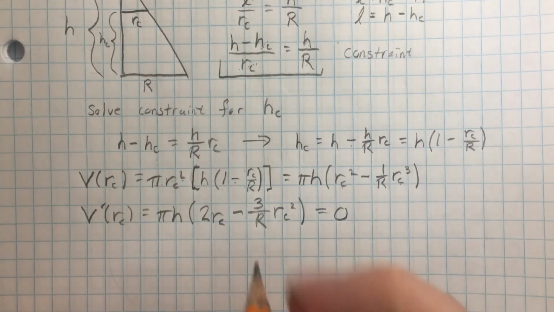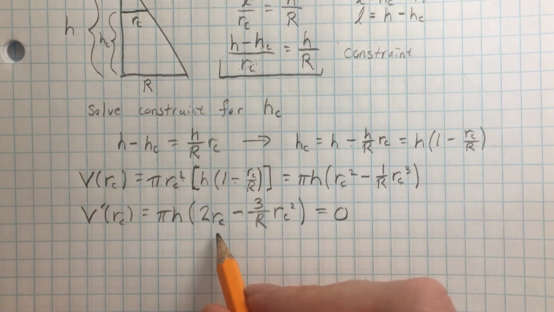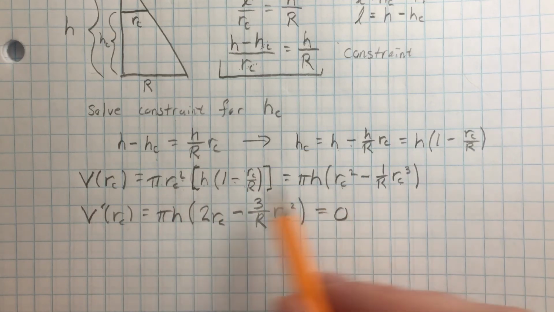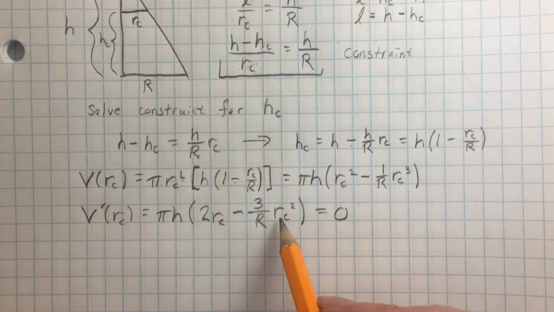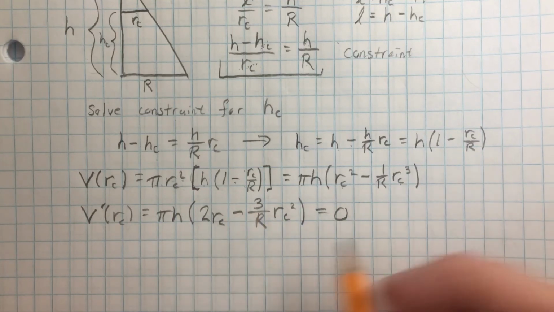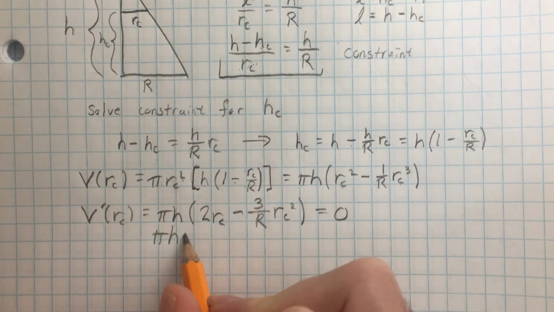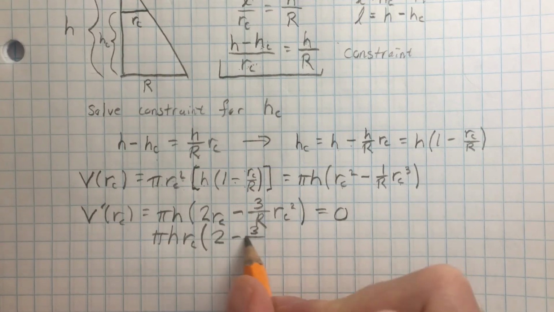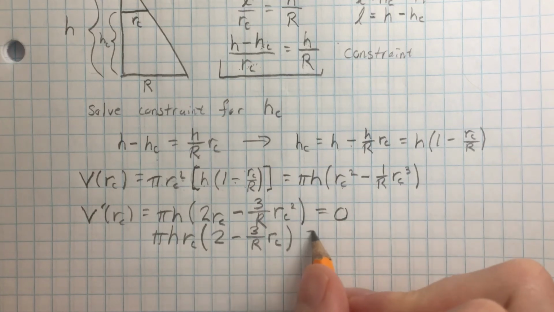We should be able to factor off rc now from this expression. Again, the reason I multiplied it through in the first place was because it makes it easier to take the derivative. But once I got the derivative taken, I'm setting equal to 0 and solving, so I want to take out any common factors. It looks a little redundant at first, but it's really not. So pi h rc, the variable rc, 2 minus 3 on cap R rc to the first power equals 0.